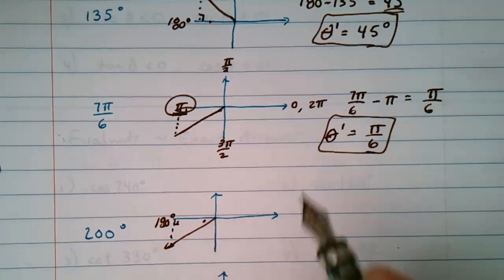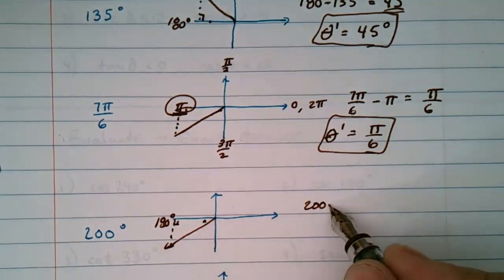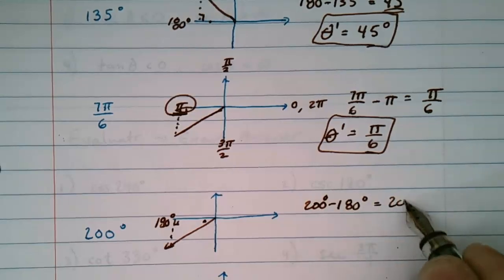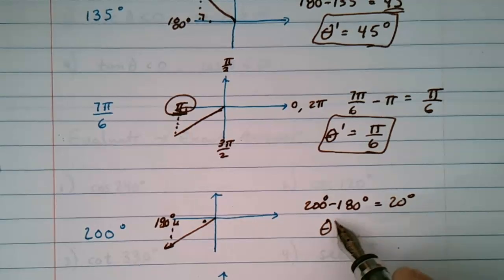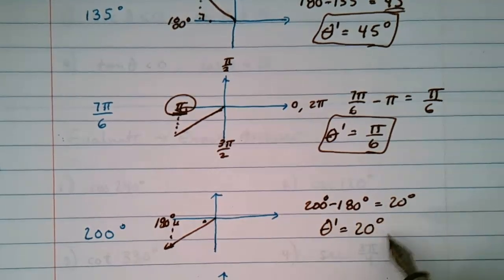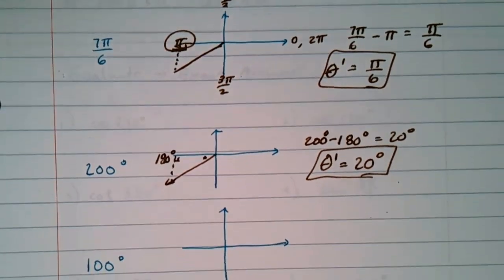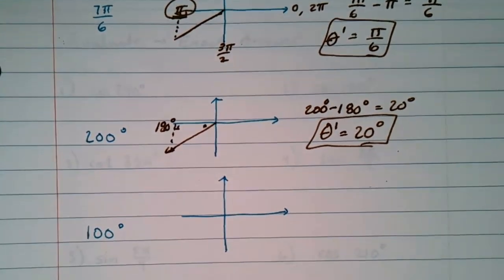What is this angle here? This angle here has to be 200 minus 180, which is going to be 20 degrees. Our reference angle is 20 degrees. Now give me a minute, because I'm going to come back and hopefully make this make sense. But you've got to be able to find reference angles first.